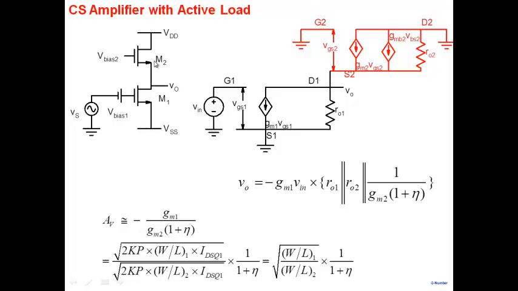And when you look into the source of a transistor, it's something similar to looking into the emitter of a bipolar transistor, and the resistance is small. We'll show you later on that as you look into the source, the resistance is small. So the net resistance at this particular node is a large resistance R01 in parallel with a small resistance of M2, because you're looking into the source of M2.